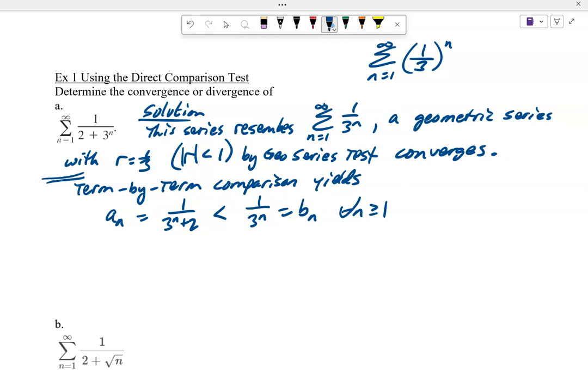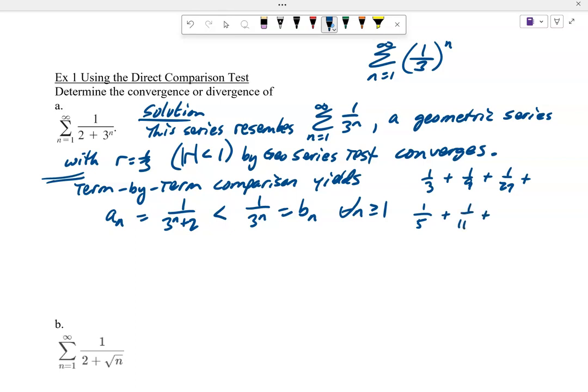Right? For example, with (1/3) to the n, you'd have 1/3, 1/9, 1/27, and so on. Whereas you'd have 1 over 3 plus 2, 1 over 3 squared plus 2, and so on.